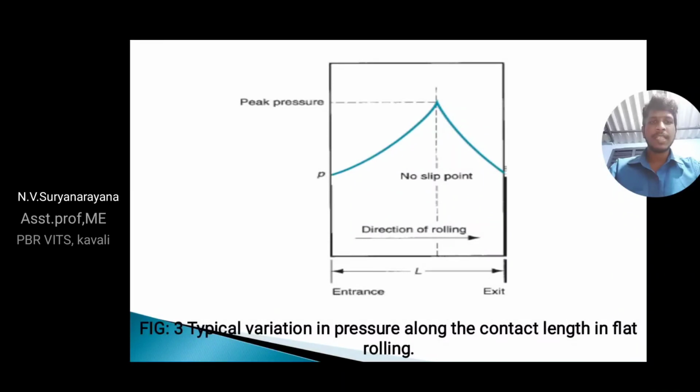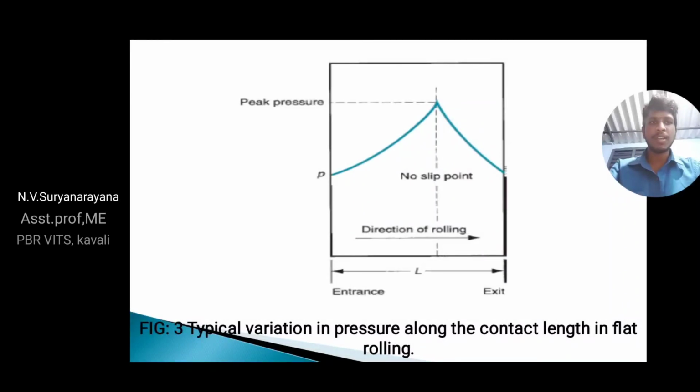That is the typical variation in pressure along the contact length in flat rolling. We are plotting the peak pressure, that is the graph between pressure and length. The direction of rolling is the forward direction. Here the no slip point is where the work velocity equals the roll velocity.